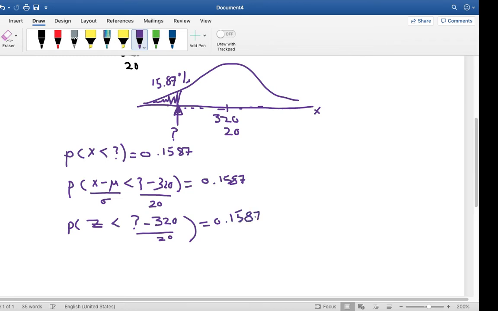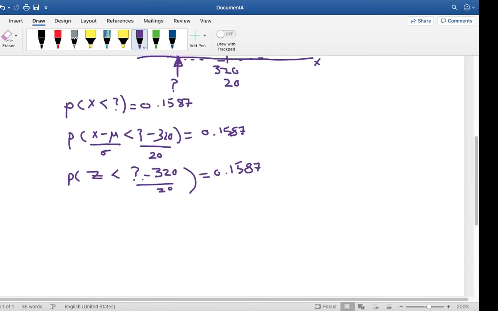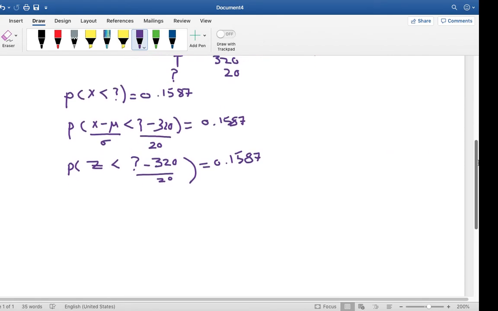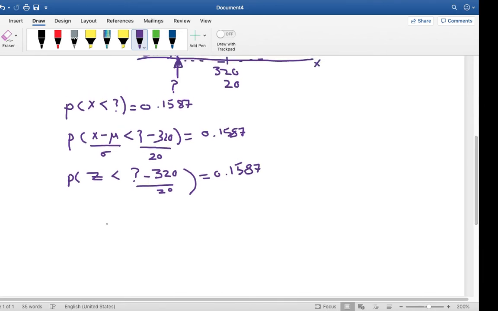Let's do a graphic of that. Graphically, what I've done is transform the question at the top of the screen to this one here. I've gone from x to z, standard normal, which means the mean is 0 and the standard deviation is 1.